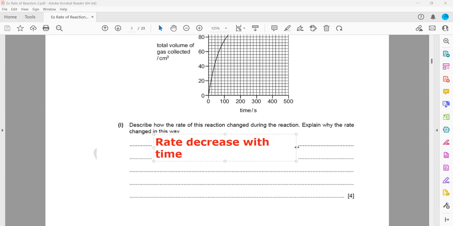Then what is the second point? The first thing is rate decreases with time. The second point, because the number of the reactant particles decreases.